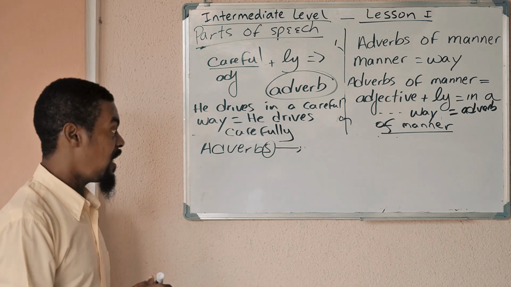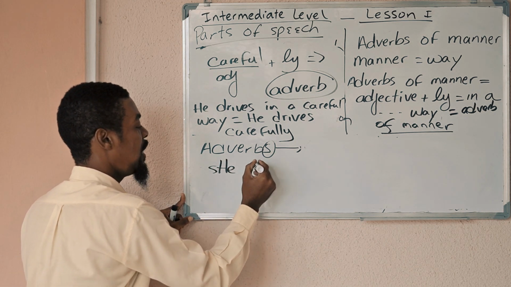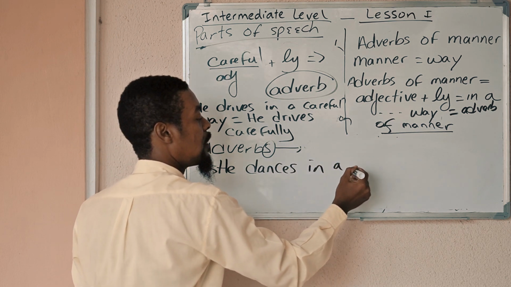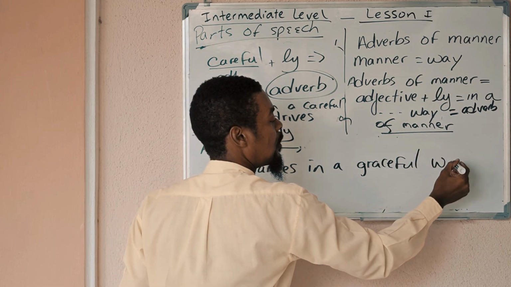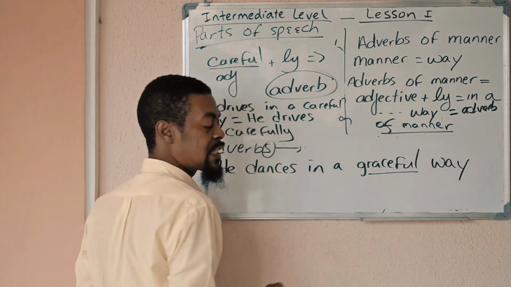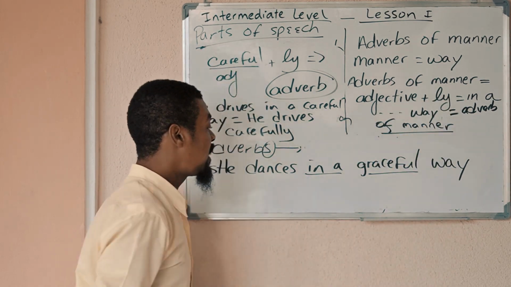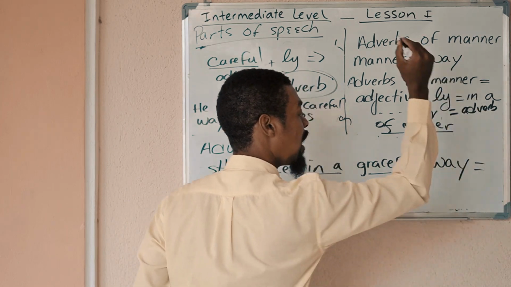Okay, now let's look at another one. She dances in a graceful way. Graceful is an adjective. You see, in a way. She dances in a graceful way. And this adjective can become an adverb.